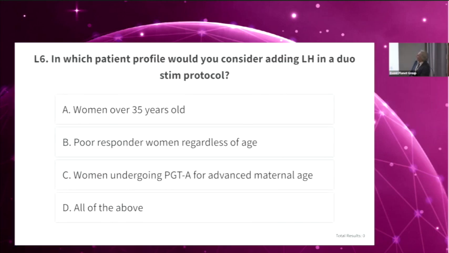In which patient profile would you consider adding LH in a dual Stim protocol? In women above 35 years, poor responders, women regardless of age, and women undergoing PGTA for advanced maternal age. All the answers are okay.